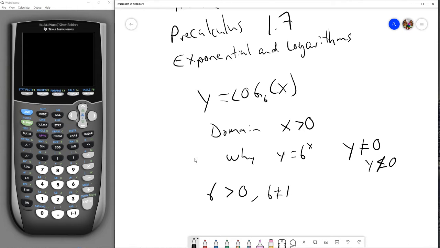So we're going to restrict b to positive values and not equal to 1, simply because if you think of 1 to the 5th, well, that's just 1. In fact, 1 to anything is just 1, which is why we're going to exclude b equals 1, and we're going to exclude 0 and negative numbers as well.